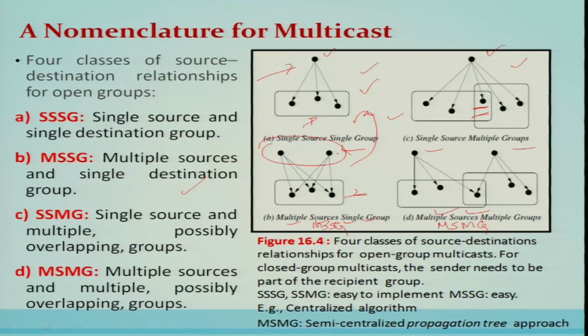These two sources can send to the coordinator, and the coordinator in turn will send to one group. That also can be handled. Multiple sources and multiple groups is very difficult. It cannot be straight away implemented in the triple SG way.